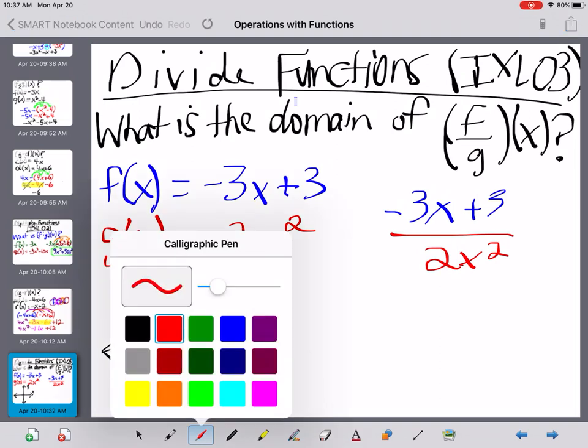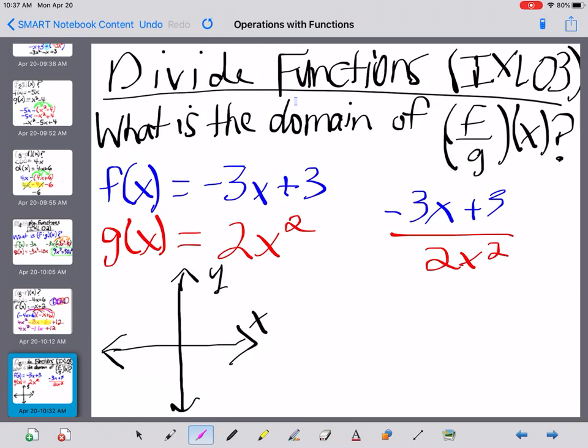So if I were to graph this function on the xy axis, the coordinate plane, it would look something like this. Of course, this is not going to be perfect, but it looks something like this, because it's a rational function. What this means is, if you look at this graph, the domain is your x value.